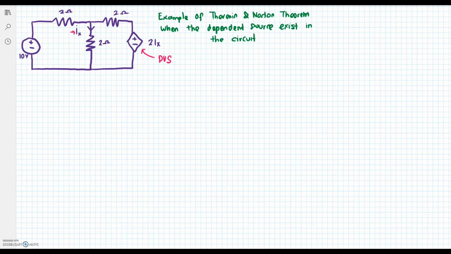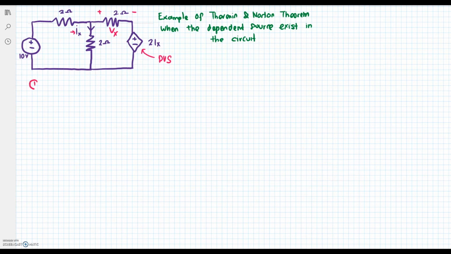So the question will be, what is the voltage here? Vx, for example.